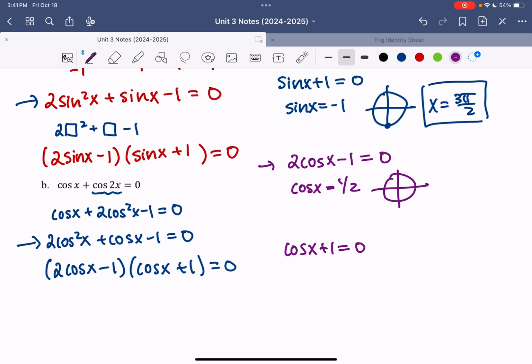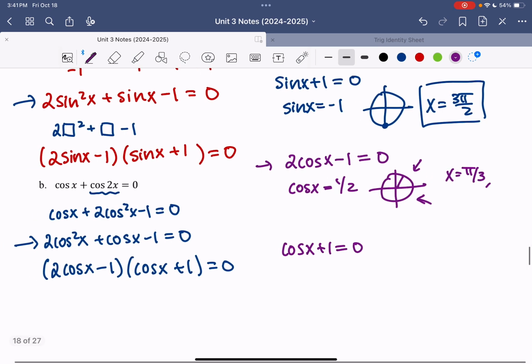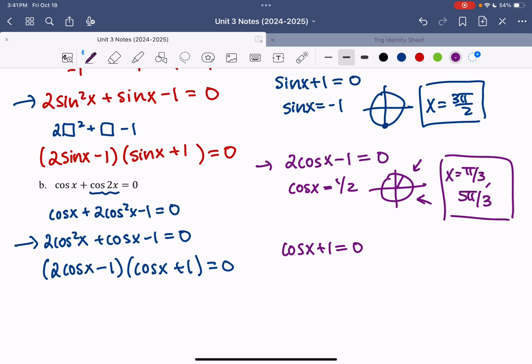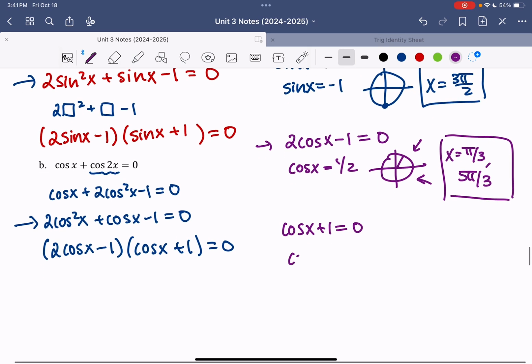Okay, and so cosine of x is going to be positive in quadrant 1 and quadrant 4. And it looks like this is the case when x is equal to pi over 3. So in those quadrants, it's going to be pi over 3 and 5 pi over 3. Okay, for my second one, I have cosine of x is equal to -1.